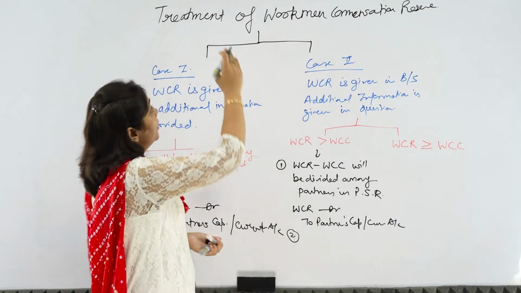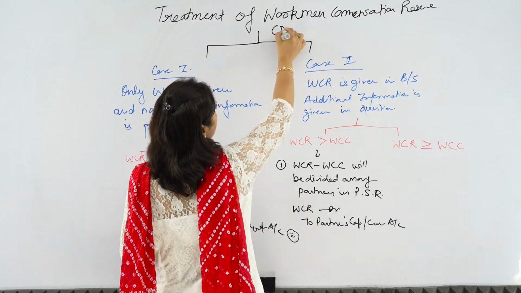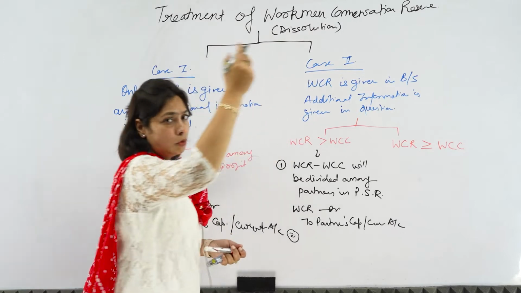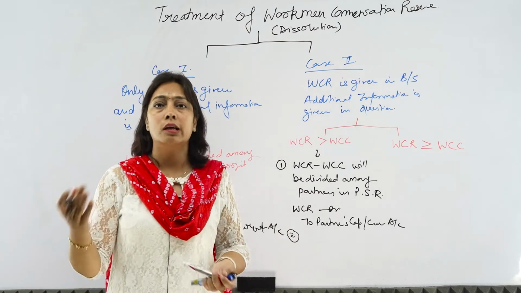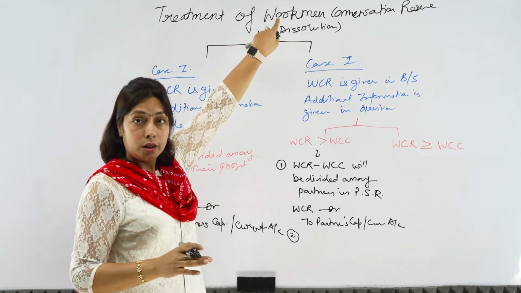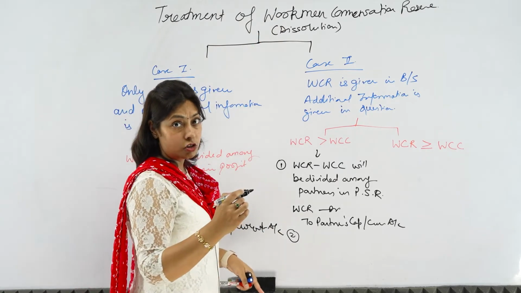We are explaining to you the treatment of workmen compensation reserve in case of dissolution. The treatments are almost the same in case of retirement, admission, and death of a partner, but here we are going to explain the case of dissolution. In case of dissolution, we have to prepare realization account.